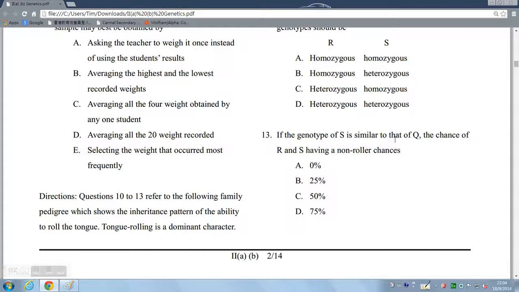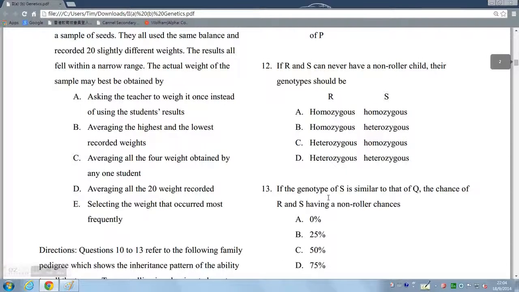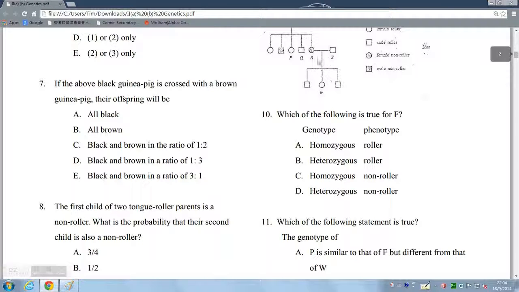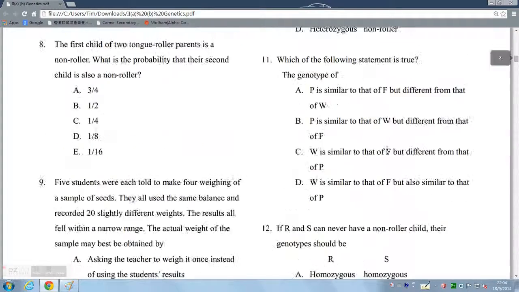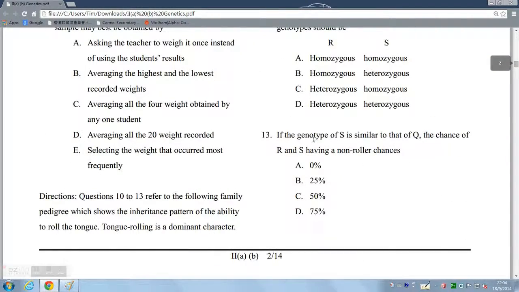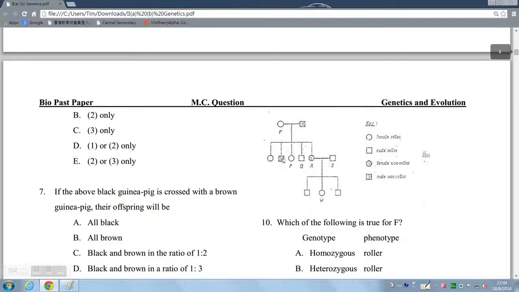And now if we look at 13, it says if the genotype of S is similar to that of Q, the chance of R and S having a non-roller child is one of these. And let's look at the cross between R and S, which is here. And since we don't know the real genotype of S, the question gave us a condition that it is similar to Q, which is here. And so Q is a roller, meaning that he must have at least one dominant allele for rolling.